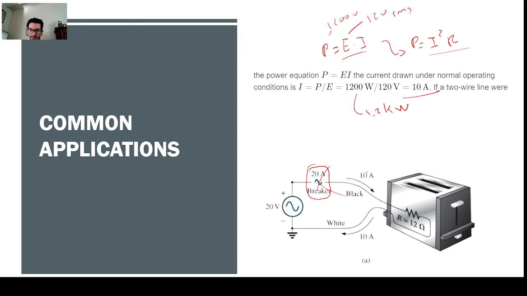Since they already give you that the normal resistance of this equipment under nominal conditions is 12 ohms, then P equals 10 squared, current squared, times 12. This is 100 times 12 equals 1200. So you remember that these two equations are equivalent.